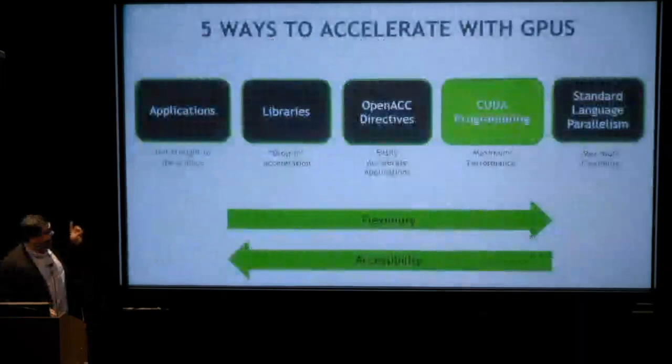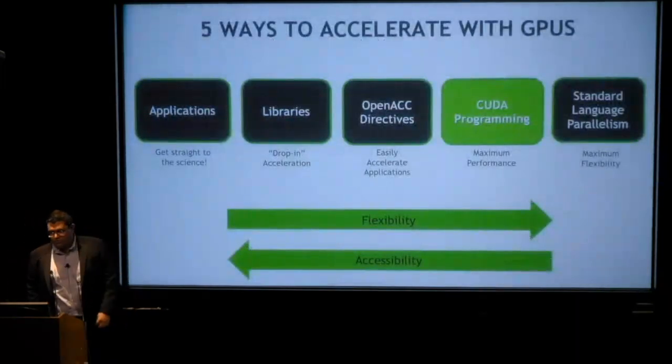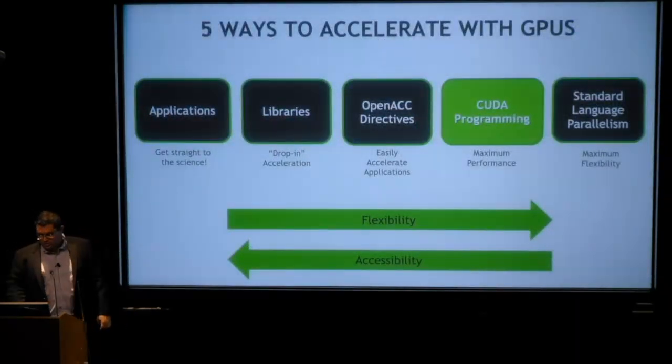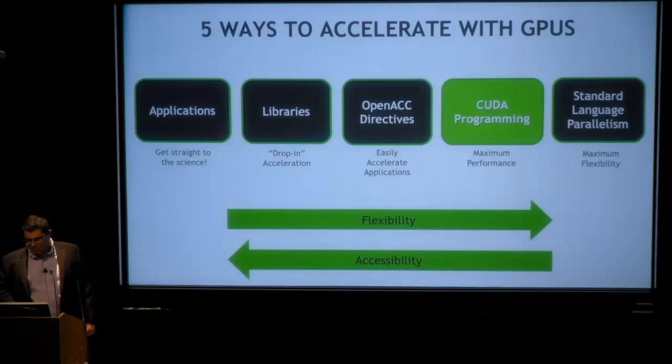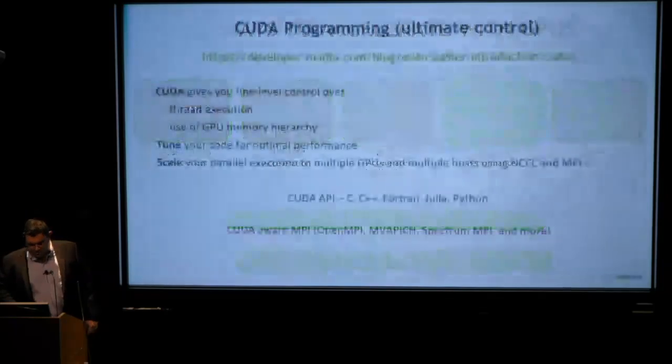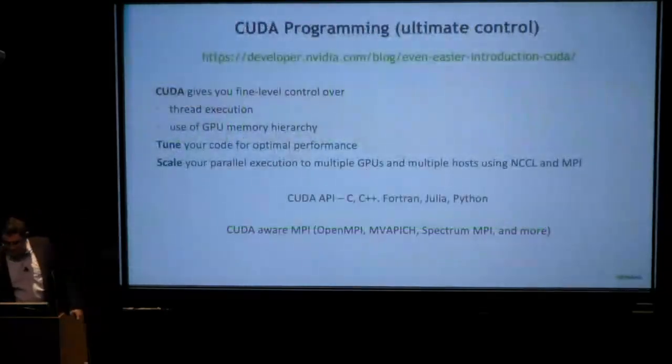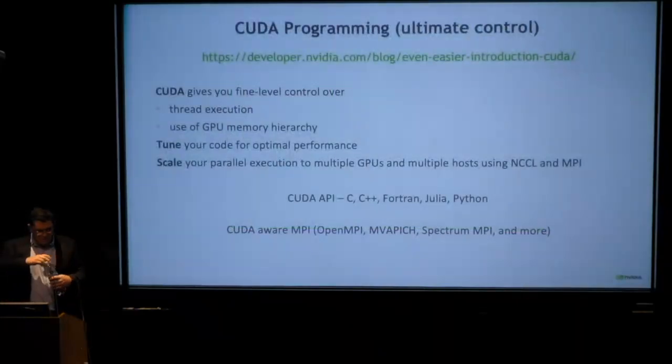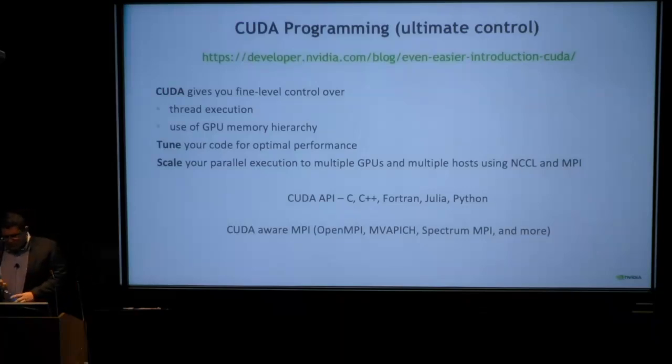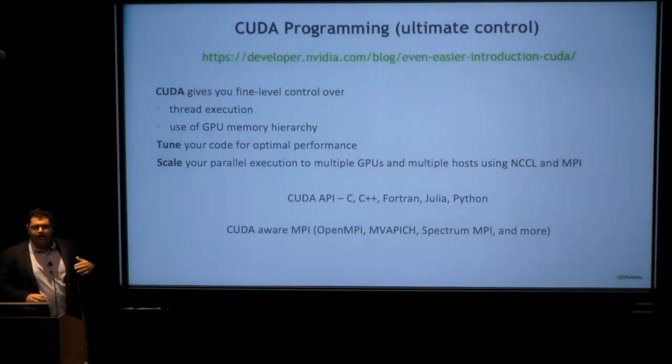Next, we'll move over to CUDA programming, where the aim is to offer maximum performance for your particular workload. CUDA gives you fine level control over thread execution. We talked about that memory hierarchy.